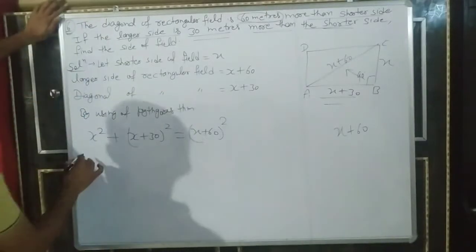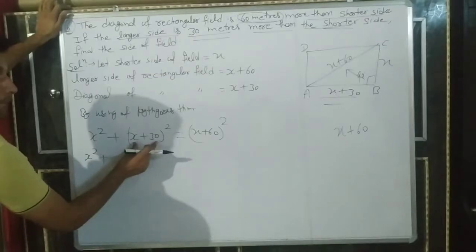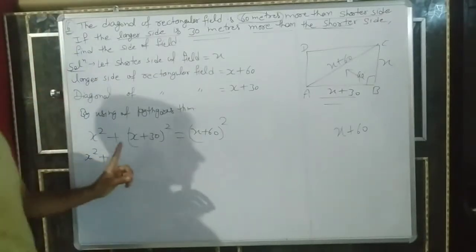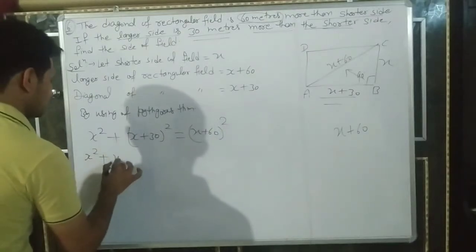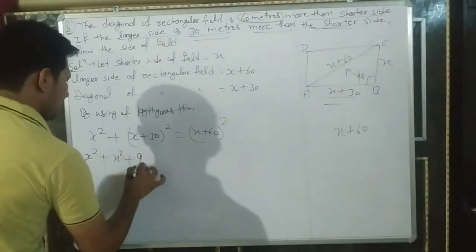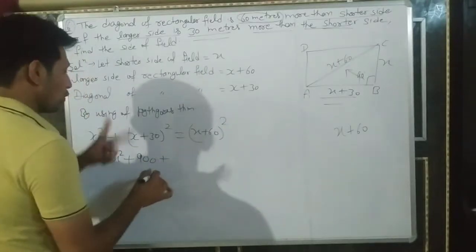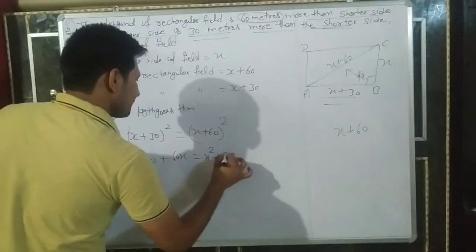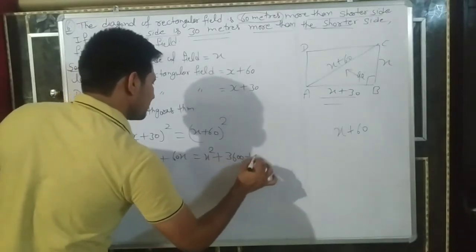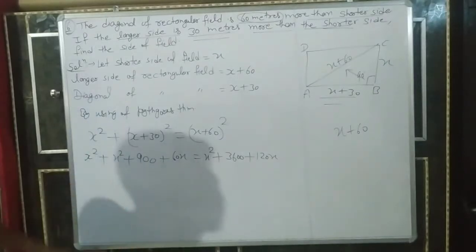So we will solve it. x square plus (a plus b) whole square formula, you have to remember it. So first a square plus b square, 30 square is 900, plus 2ab, it is 60x, equal to x square plus 3600 plus 120x. Please solve it and make a quadratic equation.